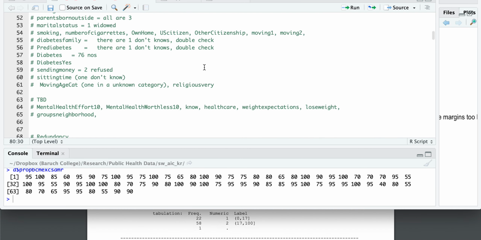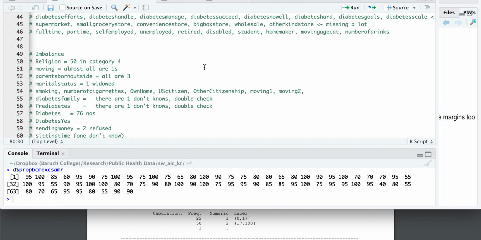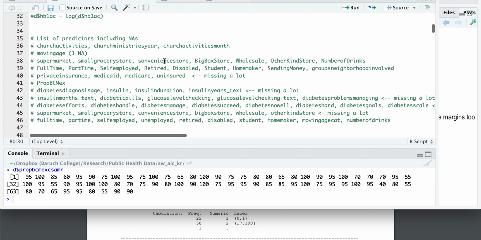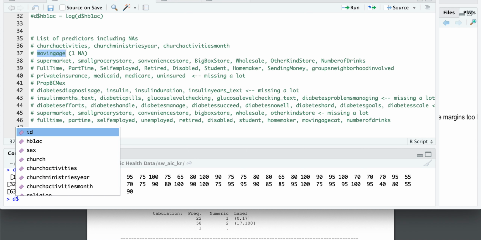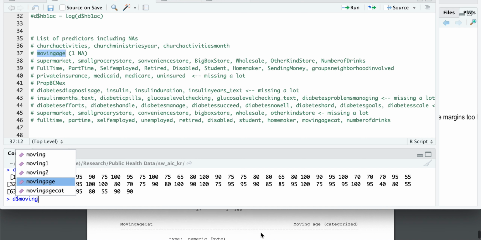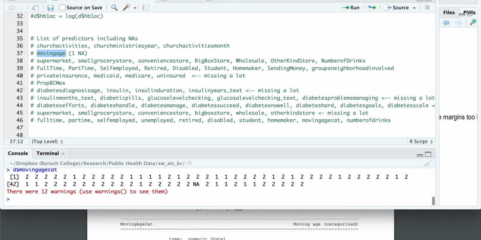Let's see. Ah, yeah, moving age. So let's see. This is category, right? Yeah, so we have this. That's why we are ignoring it.